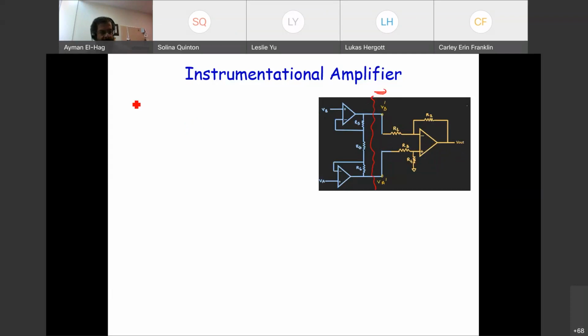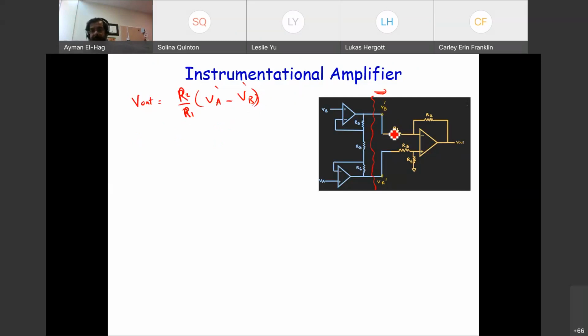So we know that your V out, without any analysis, is equal to R2 over R1 times VA dash minus VB dash. This is your output.